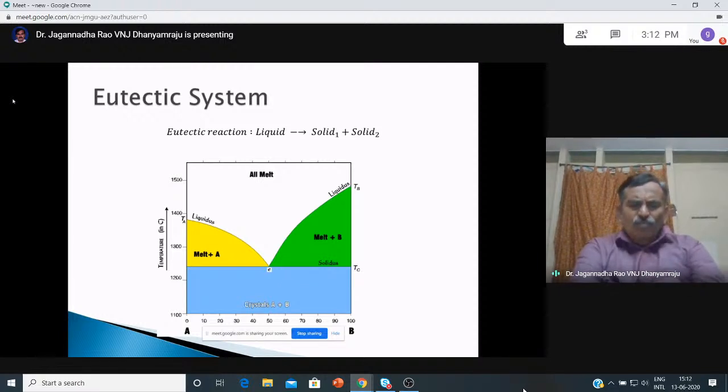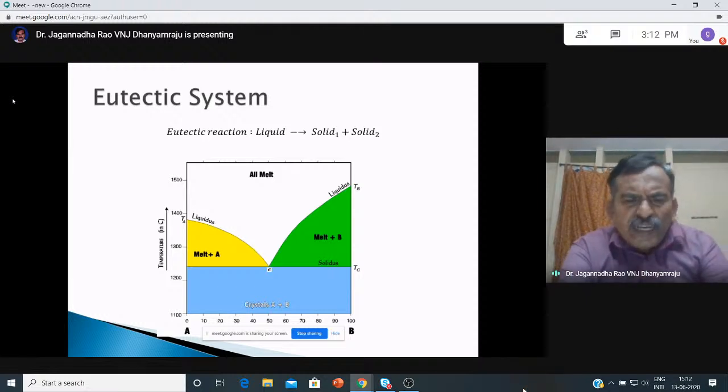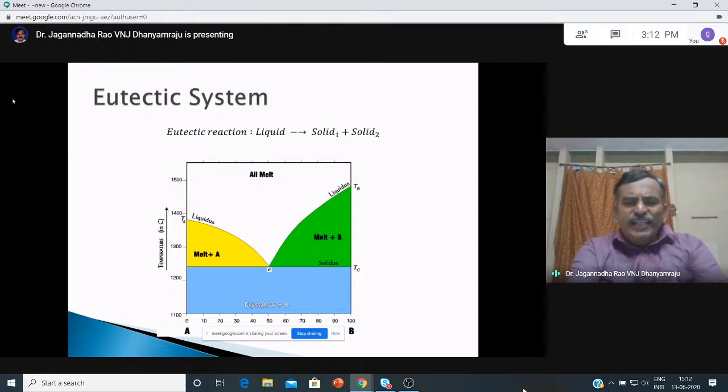See here, if you observe, the melting point of A is TA and melting point of B is TB, and you can see the liquidus, and you can see the eutectic reaction is occurring at point E. So in the eutectic reaction what happens is the liquid is separated into two solids, solid 1 and solid 2.